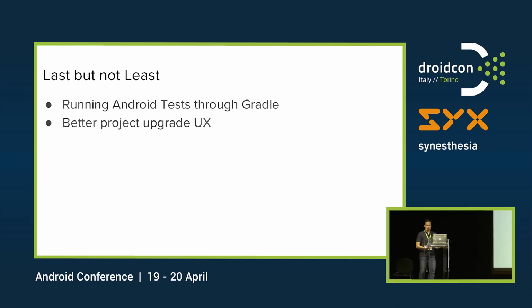Another thing that we're doing is upgrading the user experience when you upgrade components in your project. So usually what happens is you upgrade to a new version of the Android plugin. You sync, and you get an error that you need a new version of a platform, for example. You change that, you sync again, and you get another error that you need a version of other component.